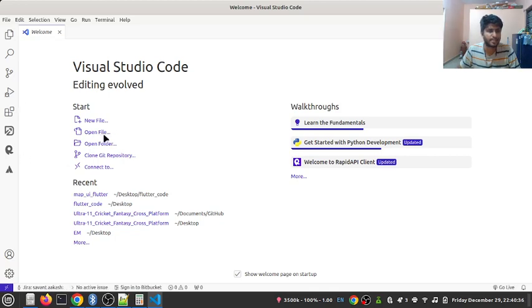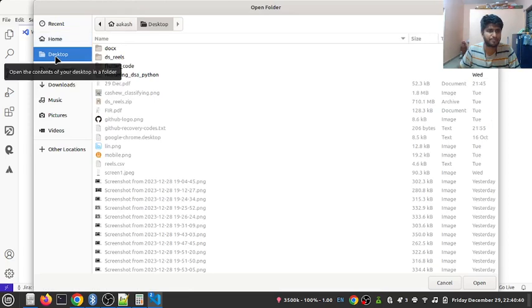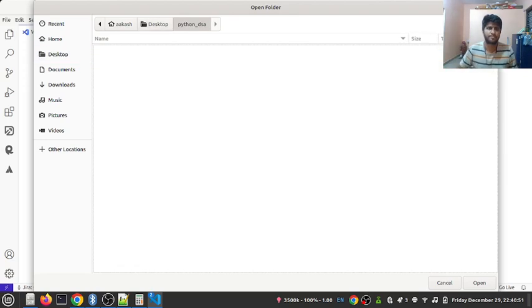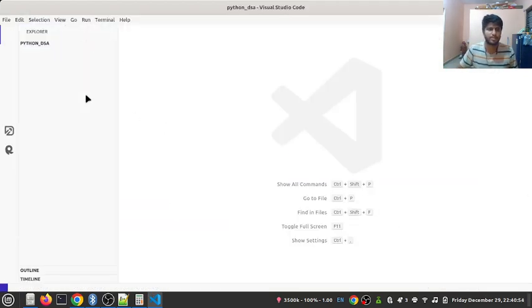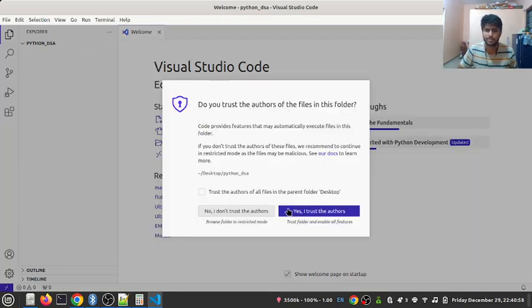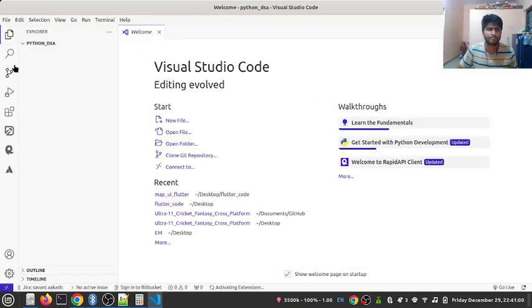Open folder, create another folder, _DSA. Okay, so we'll open it here and we will write the programs here now. So print dot html, not py.